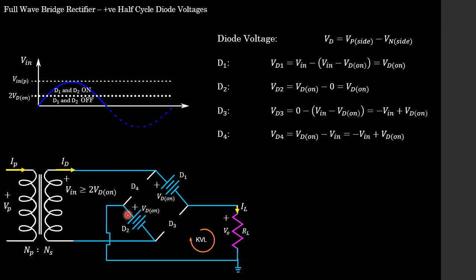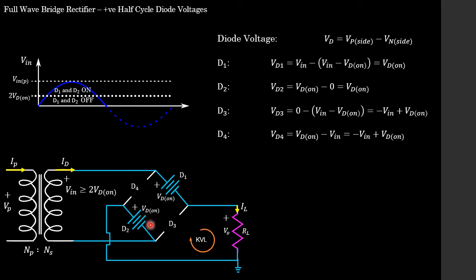Now then, moving on to diode 2. If we look at diode 2's P side, we know that the P side of diode 2, that is this node over here, quite a big long node, we know that the voltage at this node is simply VD on.